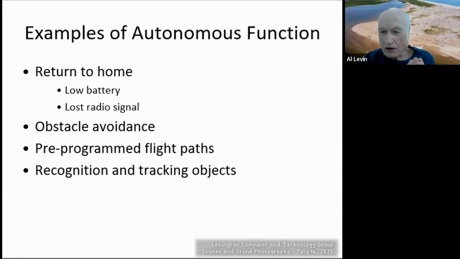The drone can follow predetermined flight plans. I don't use this because I don't do moving pictures. But if you're doing a moving picture and you wanted to identify and track a hiker or a walker in your image, the drone can do that for you.